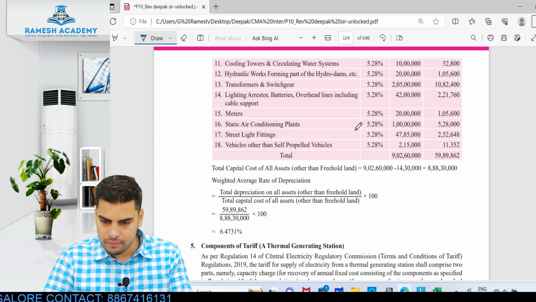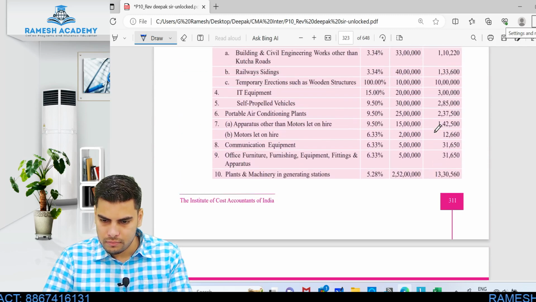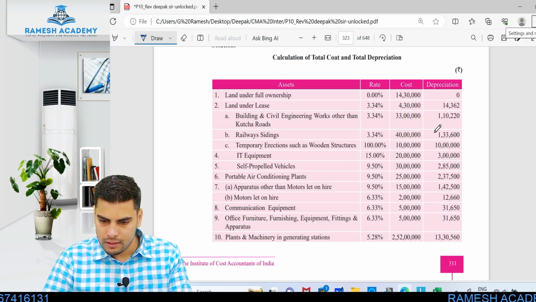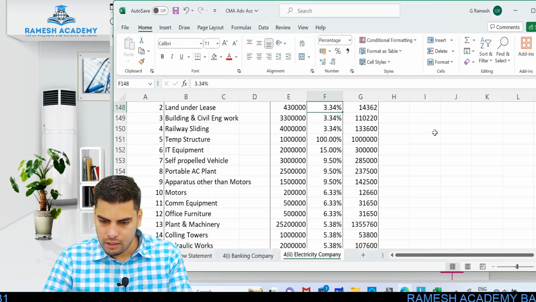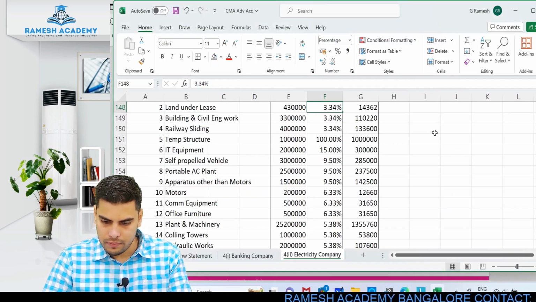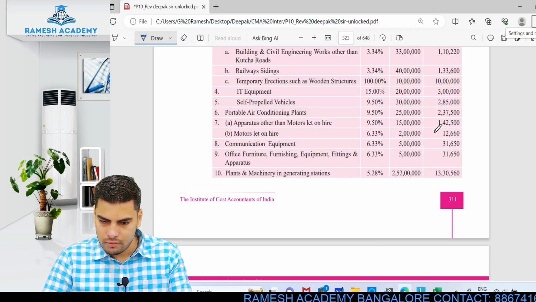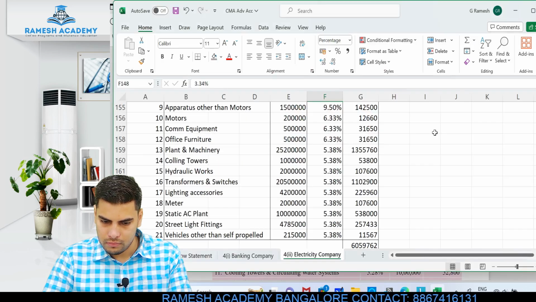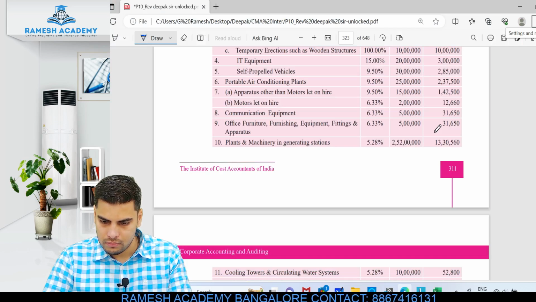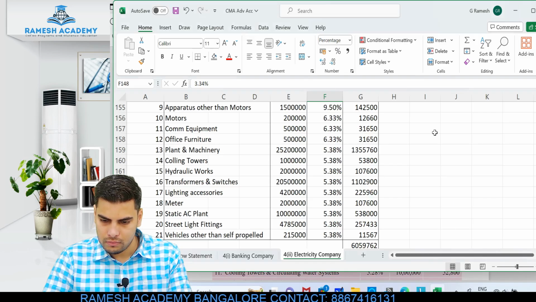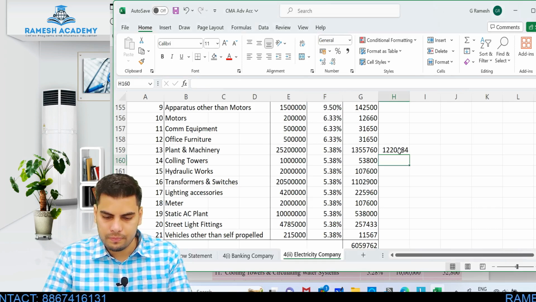Let us cross check. 14,362, 1 lakh 10, 1 lakh 33, 10 lakh, 3 lakh, 285, 237, 142, 12, 660, 31, 650, 31, 650. All these things, it is actually 5.28, right?